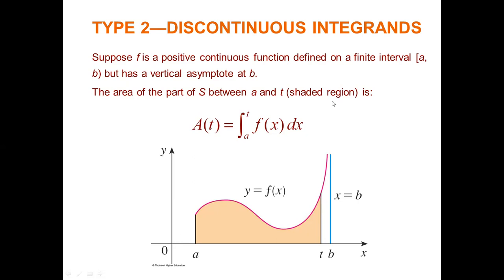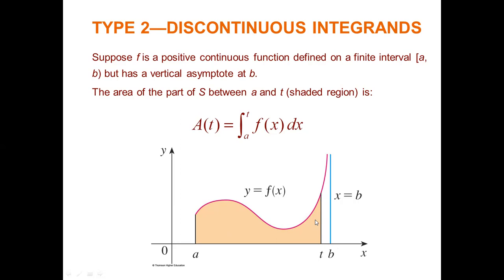If that is the case, we say that our function is discontinuous on this particular limit of integration, which is b. Now, the area of the part S between a to t, where this t will be approaching infinitely close to the line x equal to b, is the one that is shaded in here.